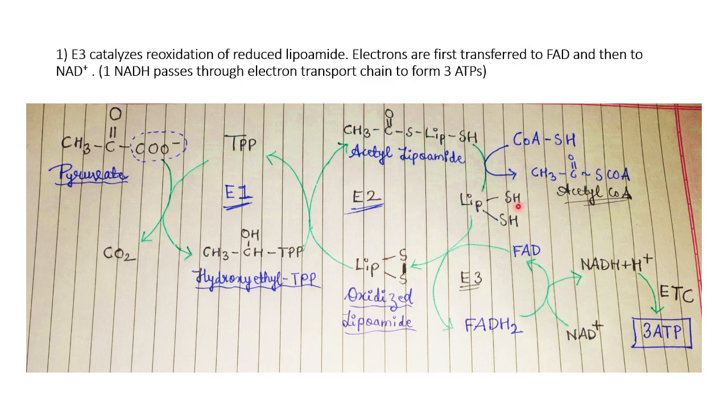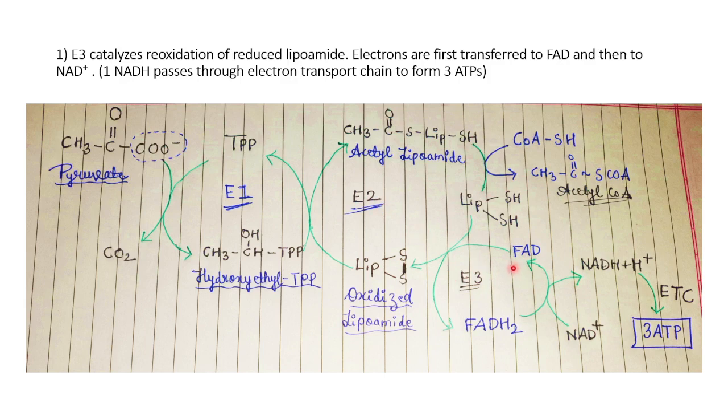Okay. So in the reduced lipoamide, the two hydrogen atoms will get accepted by the oxidized FAD, and after the acceptance of 2 hydrogen atoms by FAD, it will get converted into FADH2. And one more thing I forgot to tell, reoxidation of reduced lipoamide to oxidized lipoamide will be catalyzed by enzyme 3 and not enzyme 2.